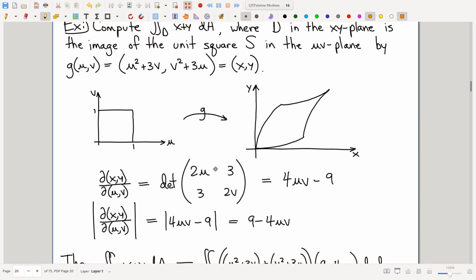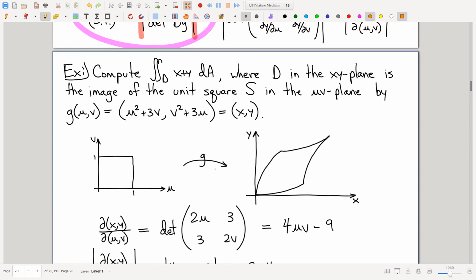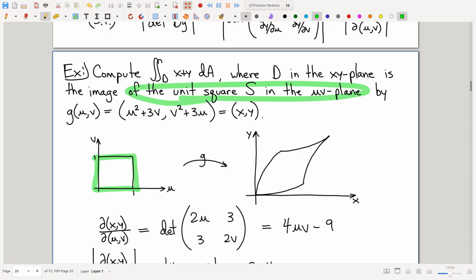Okay, now, confession. This was a highly manufactured and unnatural example because, after all, I explicitly gave you the pullback domain in the setup of the question. And I explicitly gave you the change of variables function. That's not how life works.